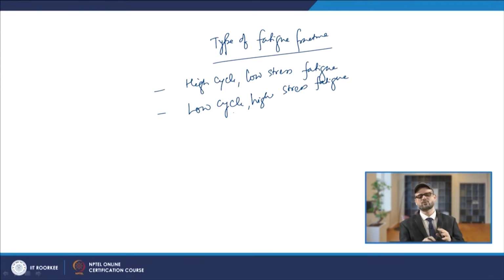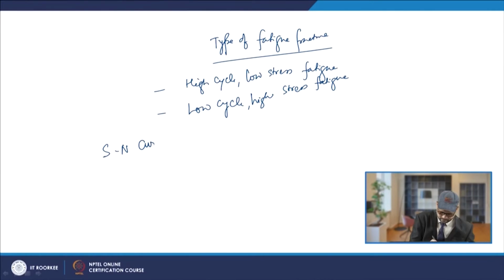In these cases the stress value is normally high, so correspondingly you will have higher strains. So basically it will be low cycle and high strain fatigue. That normally happens in the case of the fatigue fracture.